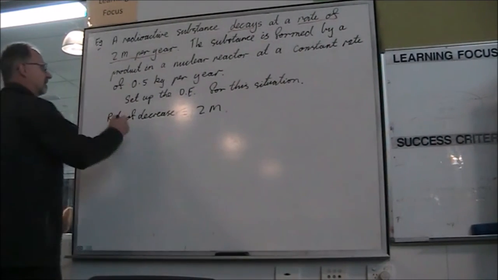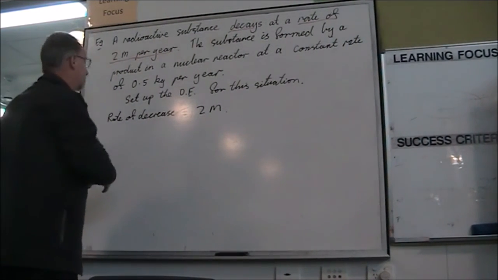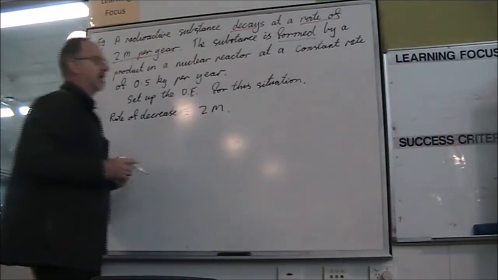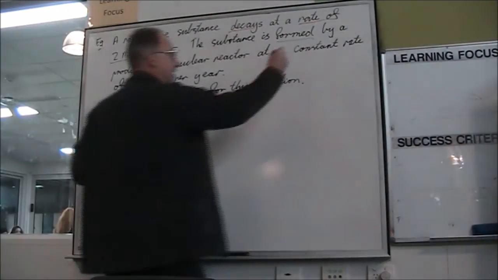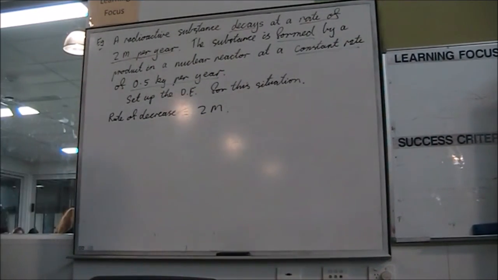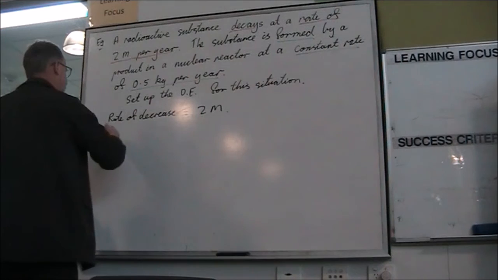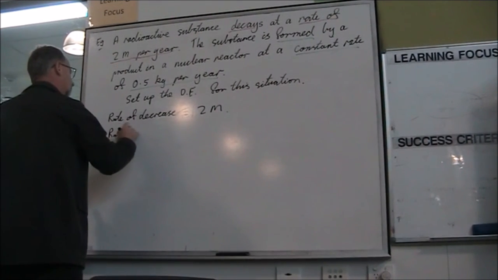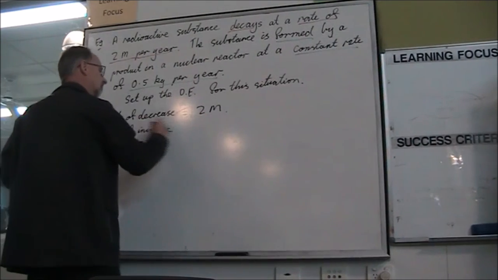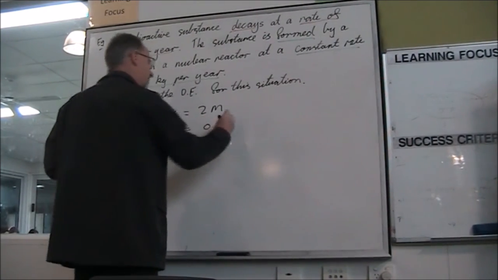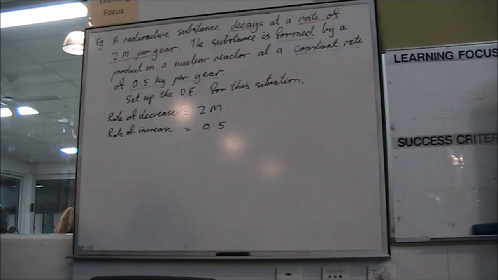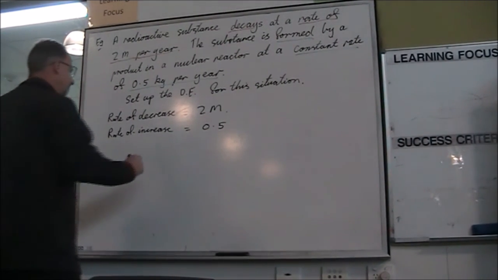And the increase, we need the increase, and so it's formed, so that would be increasing, and it says here at a constant rate of 0.5. So our rate of increase is 0.5. And so we're asked to set up the equation.